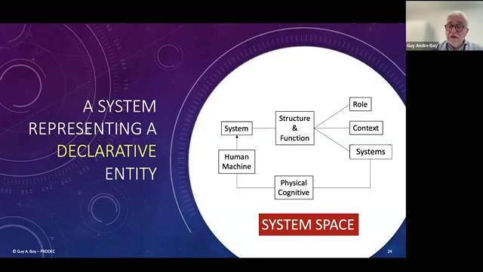By the way, a system could be a human or a machine. The term system is used here as a representation. When a medical doctor talks about the cardiovascular system, it's not a machine, it's an organ, it's a biological thing. So when we use system, it's both for humans and machines.